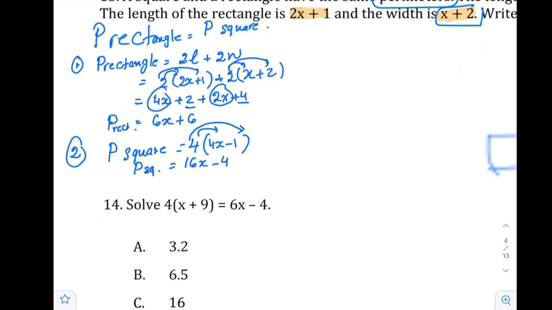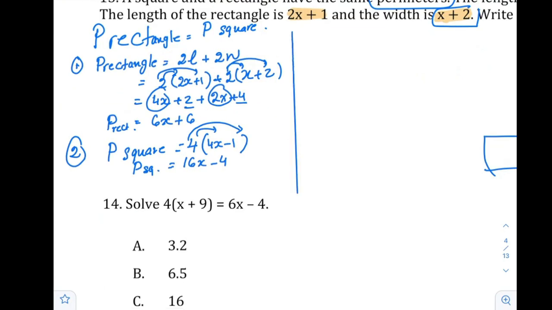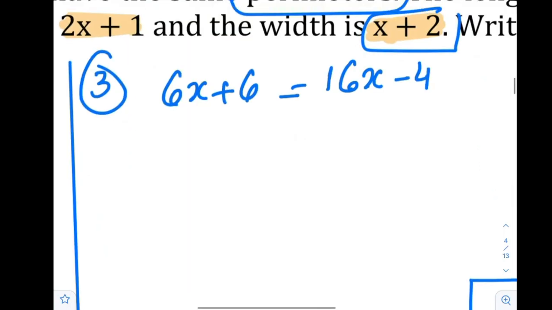Now it says that, given that, the perimeters are the same. So I will make them equal. So 6x plus 6 should equal 16x minus 4. And I will start to solve this equation.